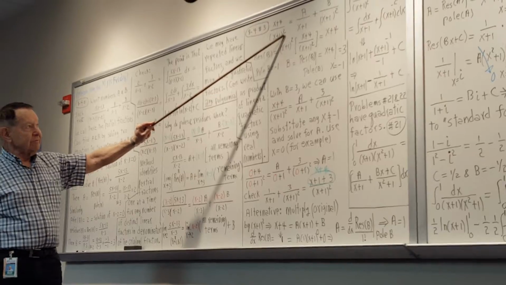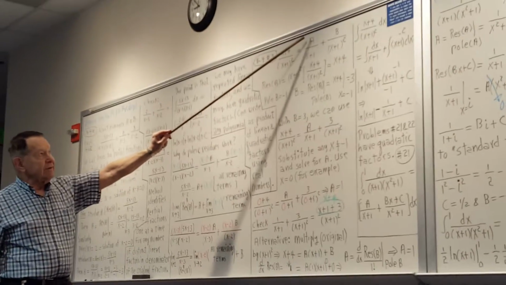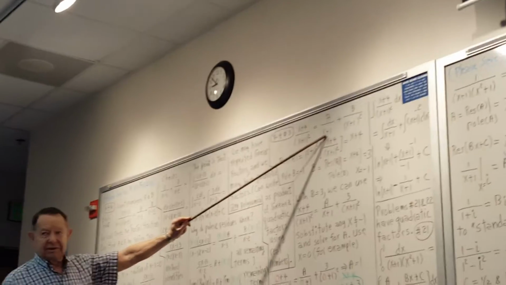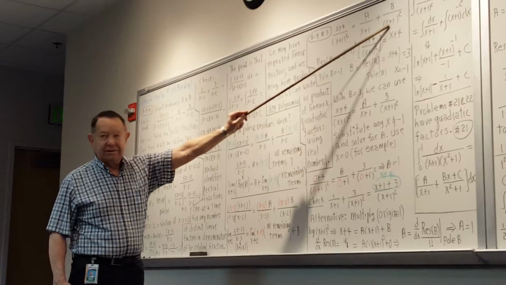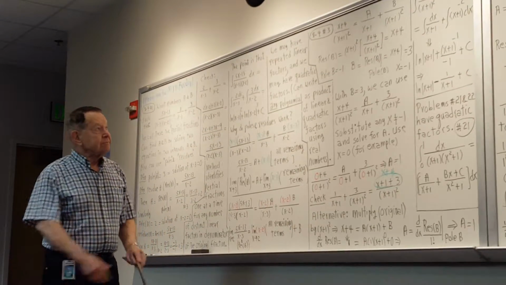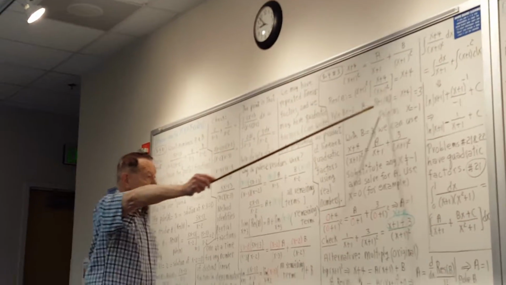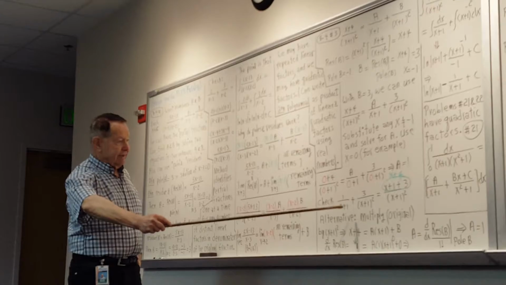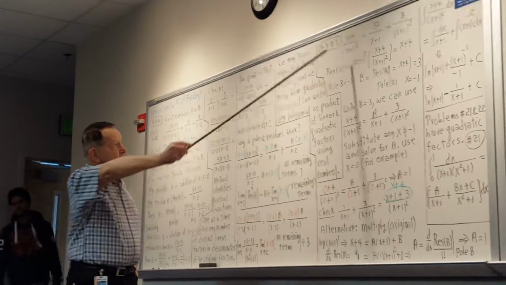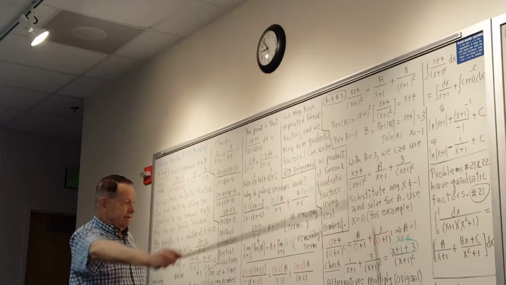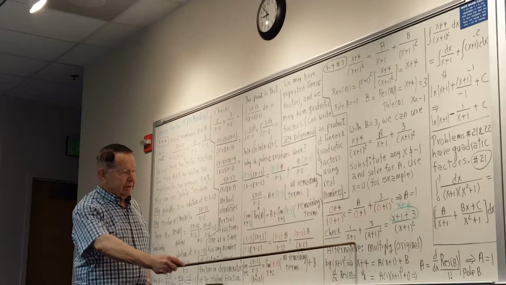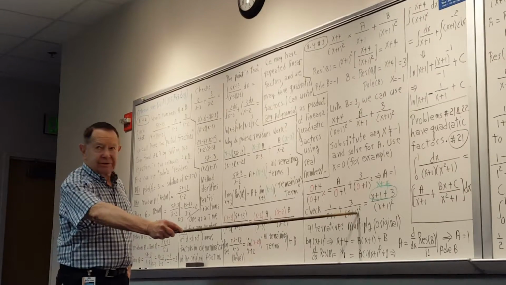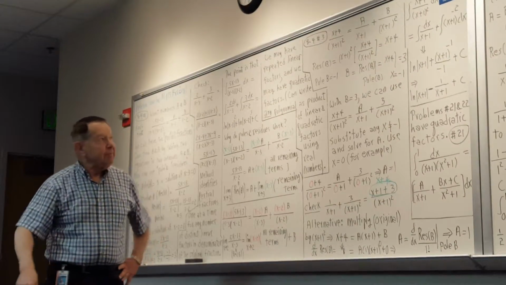So if this is squared, then there can be a fraction with x plus 1 that's first power and a fraction with x plus 1 that's squared. You'll see that that's true because we'll find the A and the B, and we'll end up seeing down here that the fractions that will add to give you this are here. There's a fraction with x plus 1, and there's another fraction with x plus 1 squared.